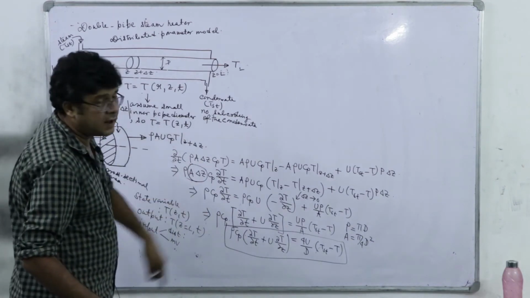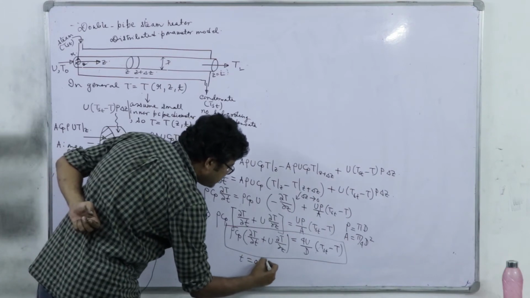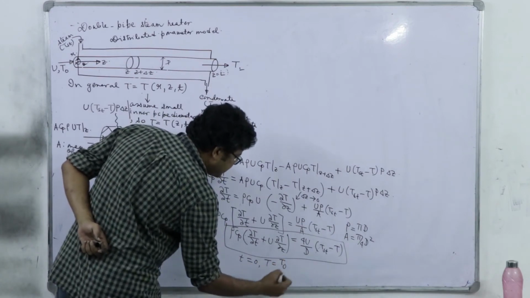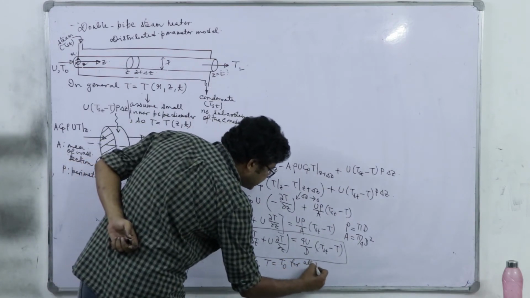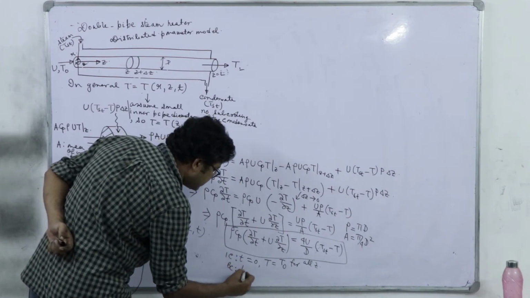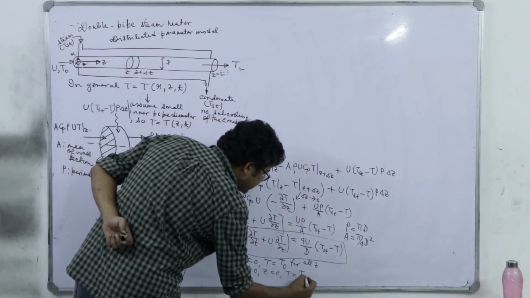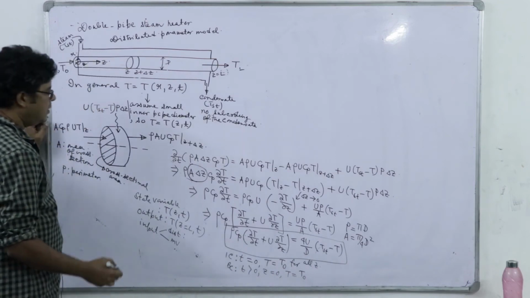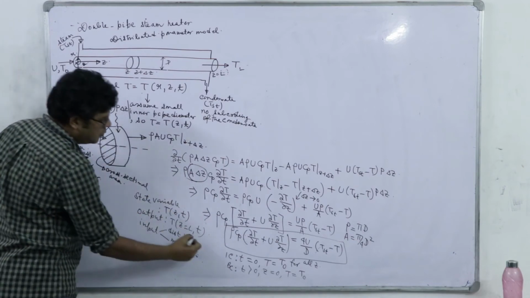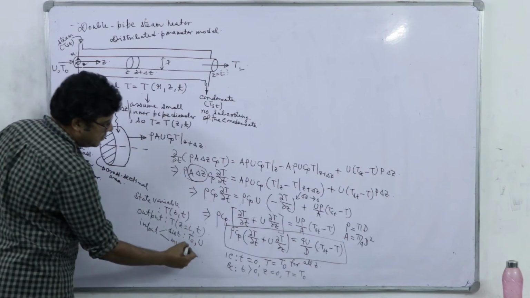Here we write the initial and boundary conditions: at t equal to 0, T equal to this T naught everywhere, for all Z, that is the initial condition, and boundary condition is t greater than 0, Z equal to 0, T equal to T naught. So, the disturbance primarily is T naught and at the same time U, and the manipulated variable here it is again U.